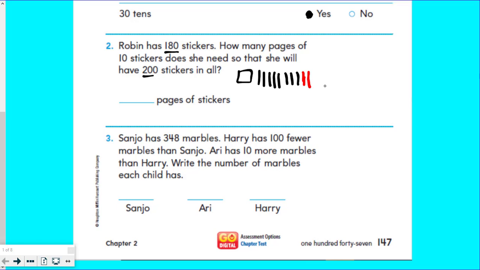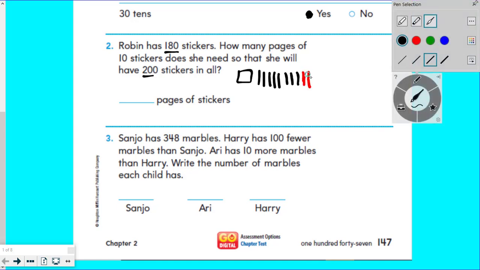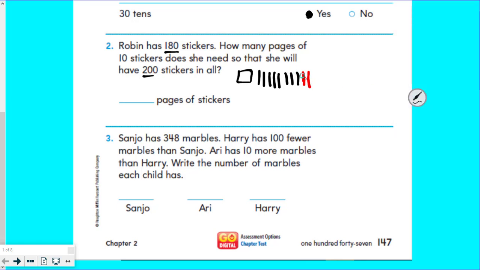Because now we're at 200. Okay. How many pages of 10 stickers does she need so she'll have 200 stickers in all? Well, we said that our red is our 200, right? Gives us 200. So that's a page of 10, and that's a page of 10. So she needs 2 pages of 10 stickers to have 200 stickers in all.